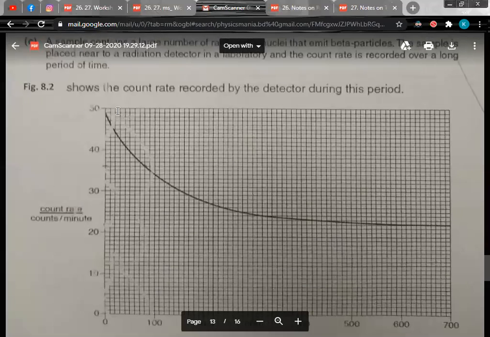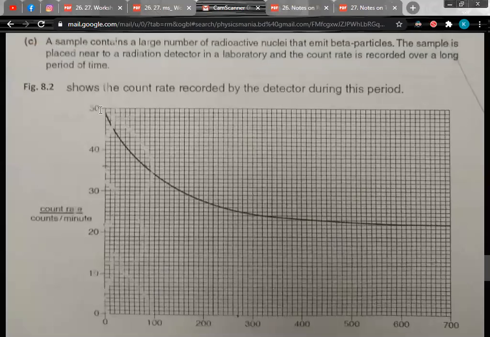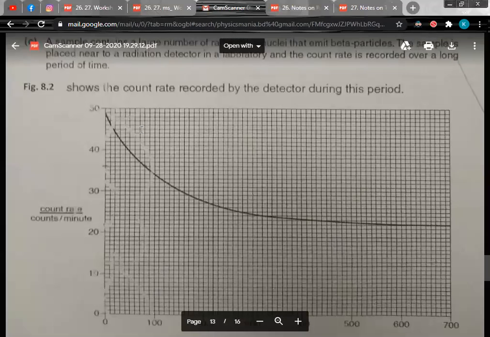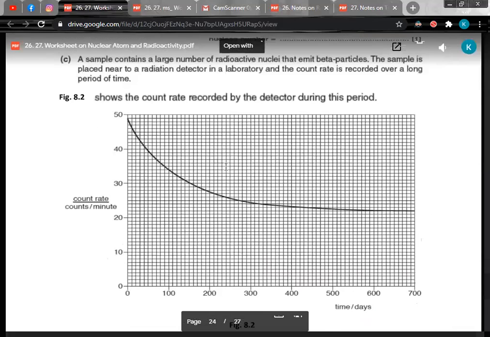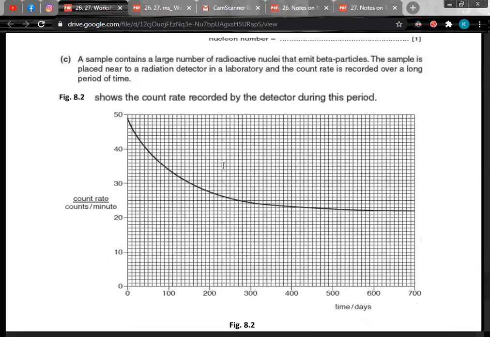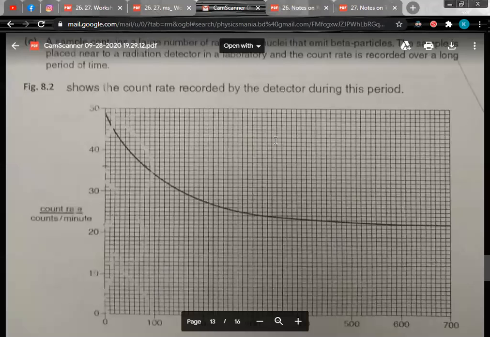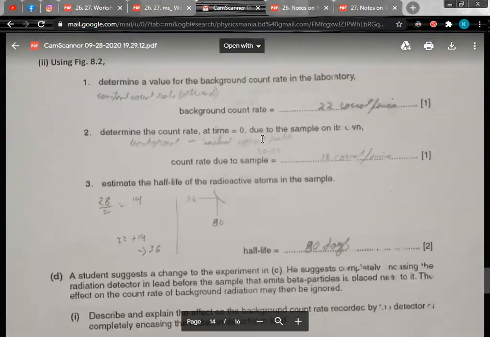At the beginning, what is the reading? Sir, it is 50. How 50? It is not 50. It's below 50. Check. Yes, sir, 49. It's clearly shown 49.